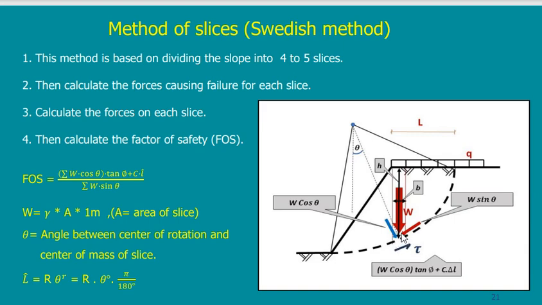This friction comes from two components: one depending on the phi of the soil, and one depending on the C of the soil, because the C adheres the soil particles to each other, and the phi induces friction in the soil. So my full resistance is the sum of the friction and the cohesion of the soil.